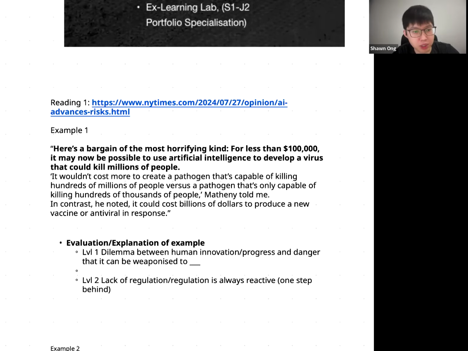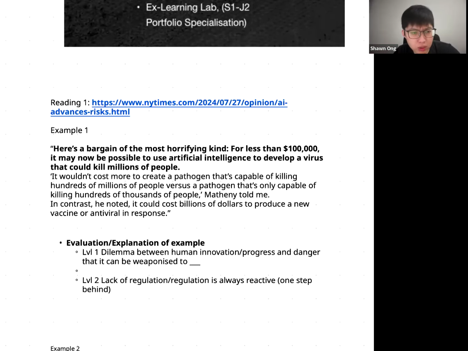So the first level of explanation here is the dilemma between human innovation and progress, as well as the danger that it can be weaponized. While we want to give society and humans the freedom to innovate, create new technology, and progress society forward, there is always this lingering danger that it can be weaponized, because these technologies are neutral but can be wielded by malicious actors to create harms to society.